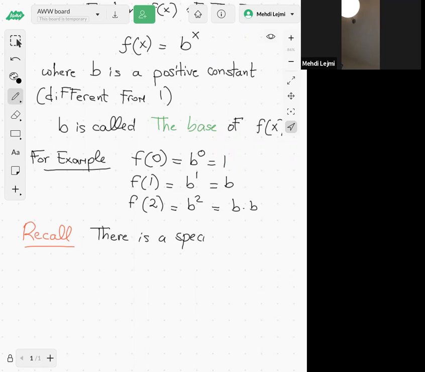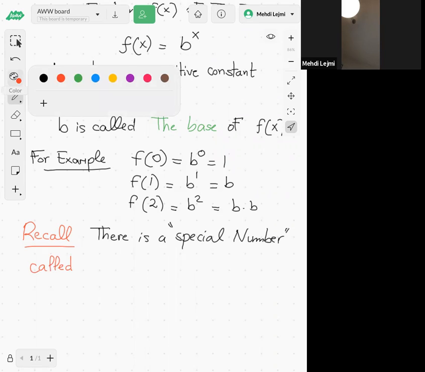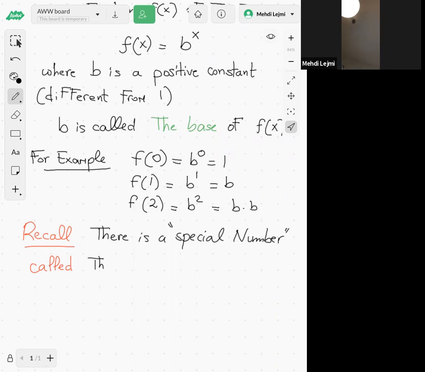It's some decimal, actually equal to 2.71, etc.